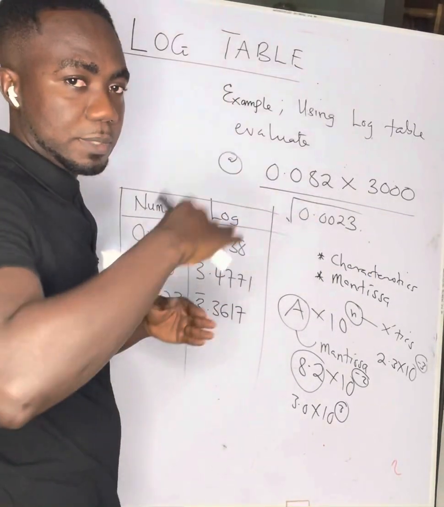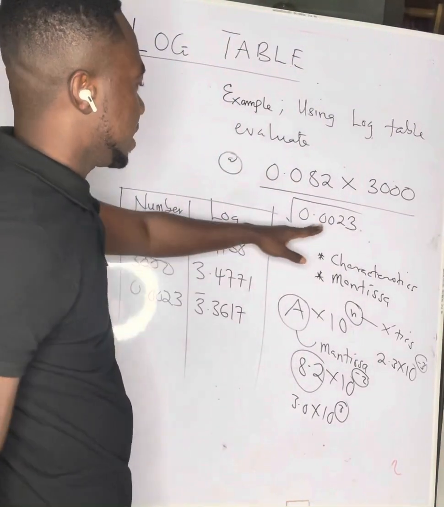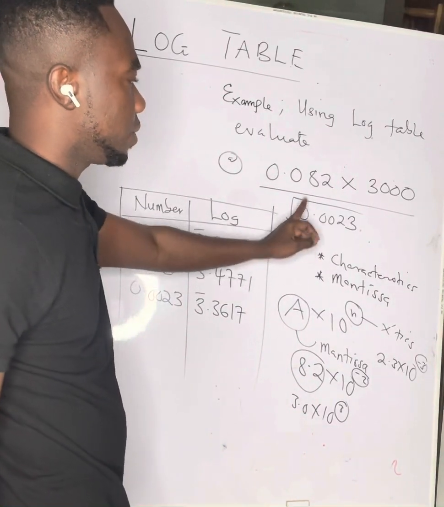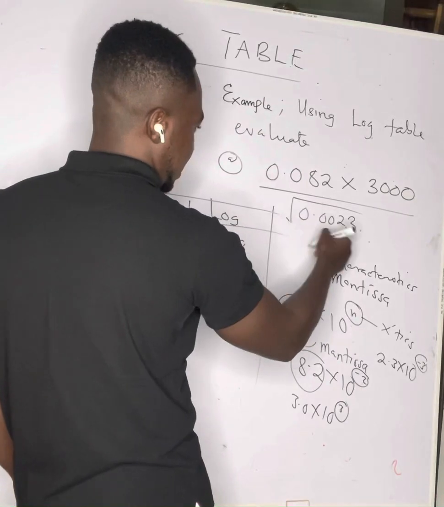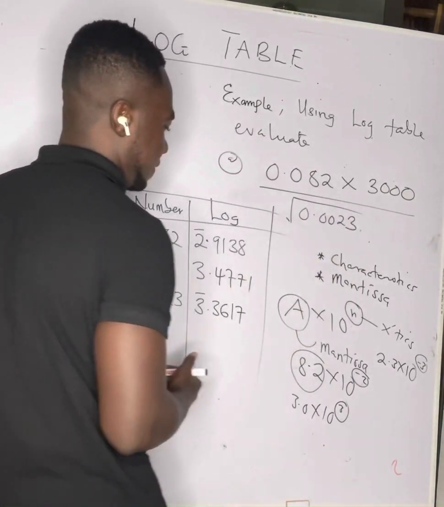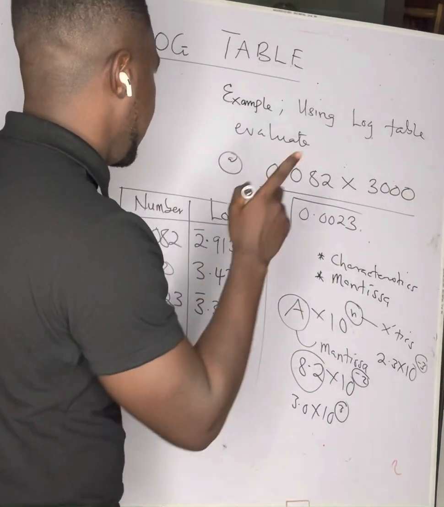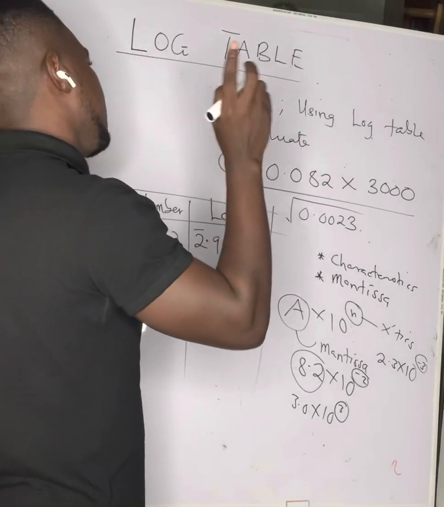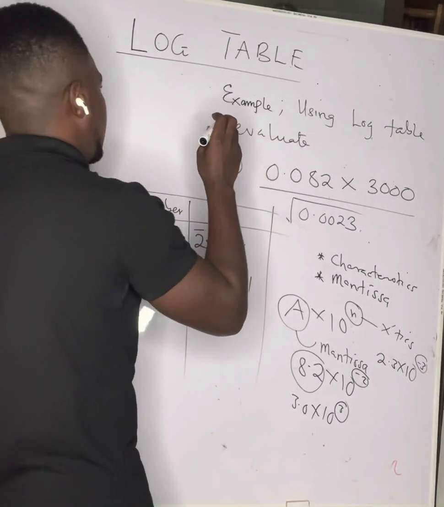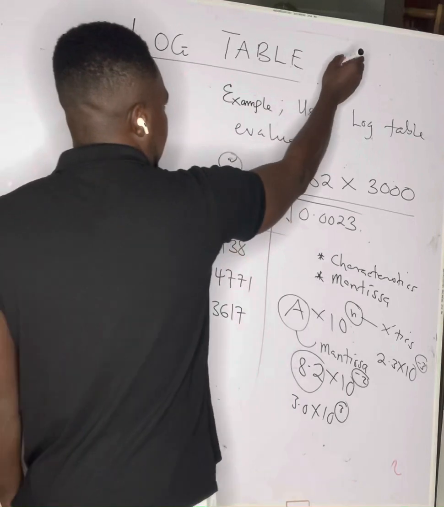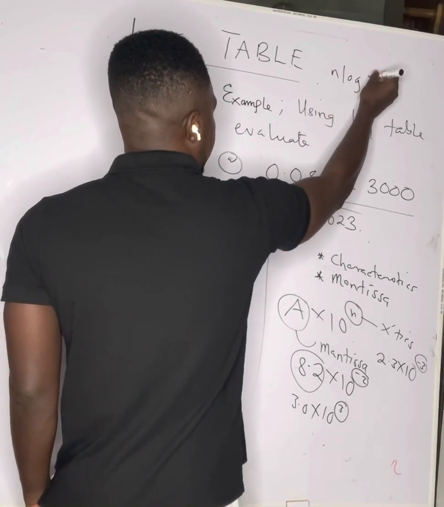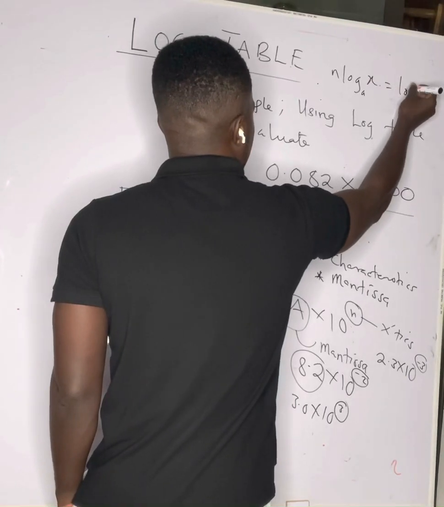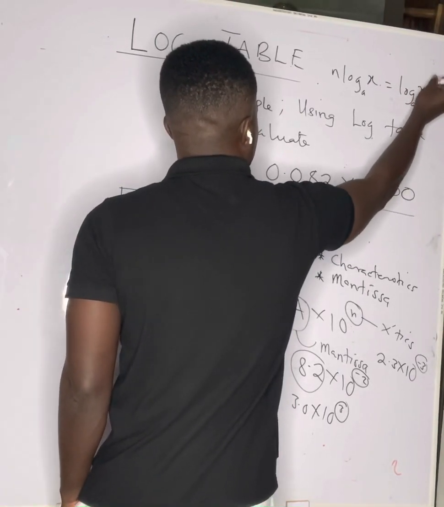Division from the property becomes subtraction. As you can see, the denominator was having a root on it. The root of this number is the same as that number to the power half. So from the third property, where we learned that n log base a of x is the same as log base a of x to the power n.